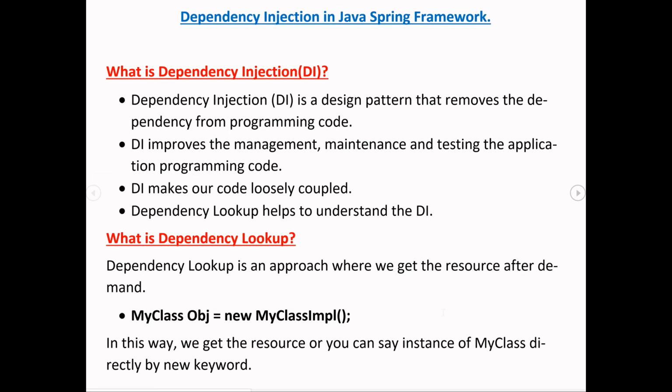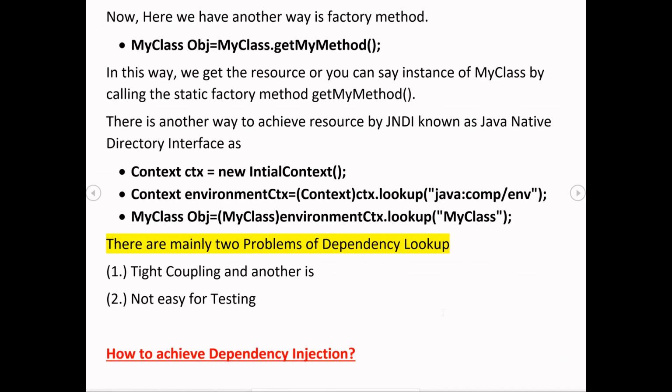Now we have another way, the factory method, that we will understand here. We have the same class MyClass, object obj equals MyClass.getMyMethod. When a class directly calls a method, the method is static, as we know from the basic OOPS concept.